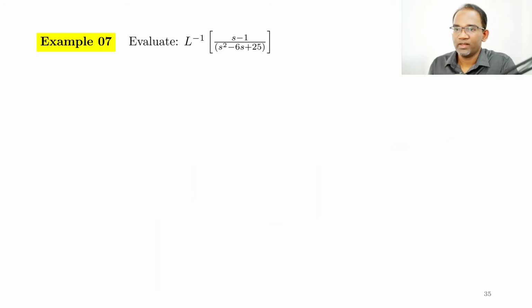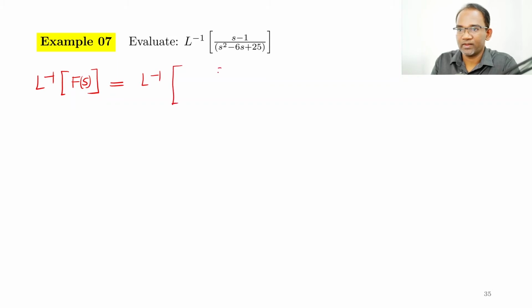Another problem, evaluate L inverse of (s minus 1) over (s square minus 6s plus 25). So we have L inverse of F(s), and this is equal to L inverse of (s minus 1) over (s square minus 6s plus 25).